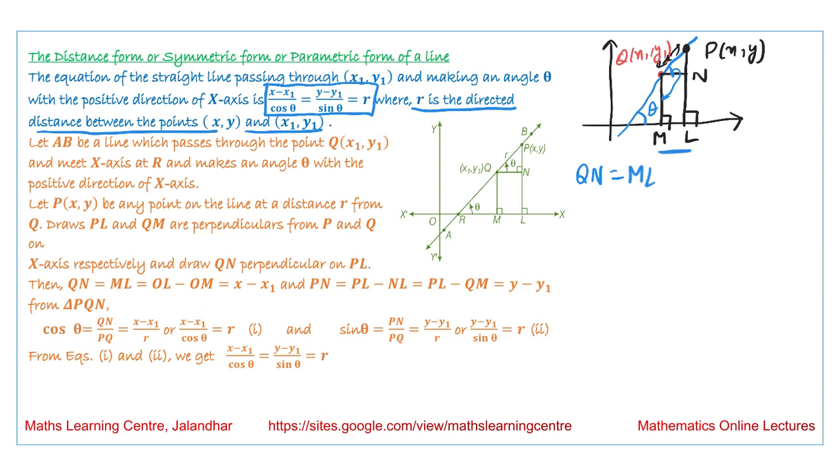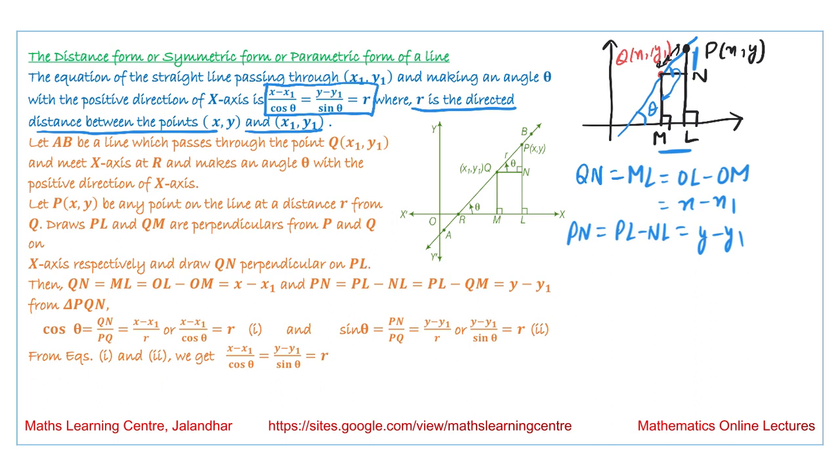If we calculate the value of QN, it is equal to ML, and this ML is equal to OL minus OM, that is equal to x minus x1. Similarly, the value of PN is equal to PL minus NL, that is equal to y minus y1.